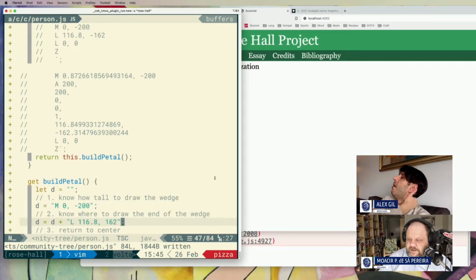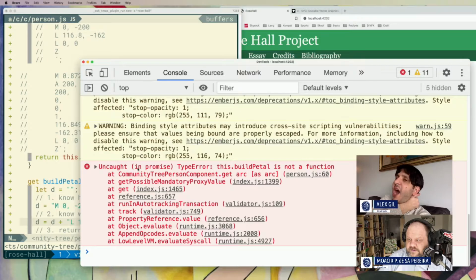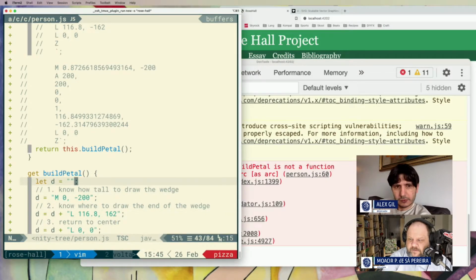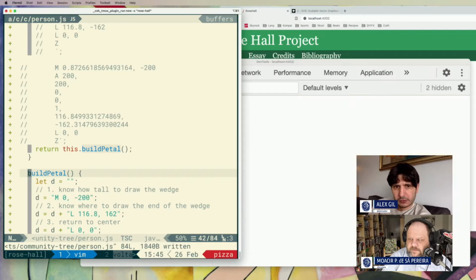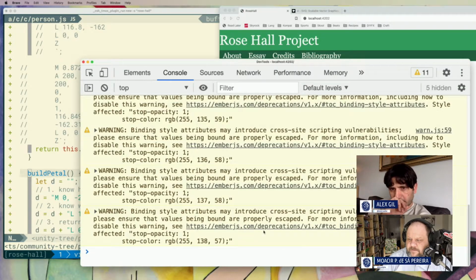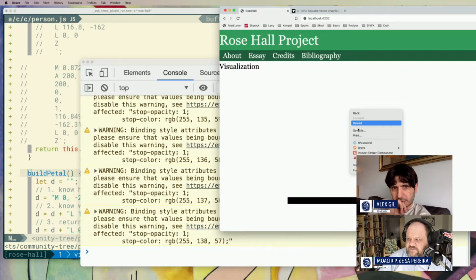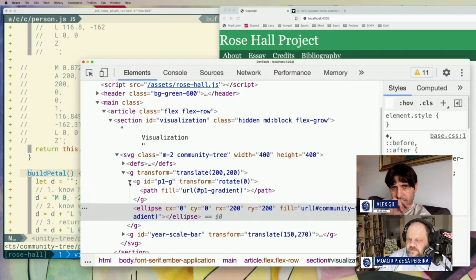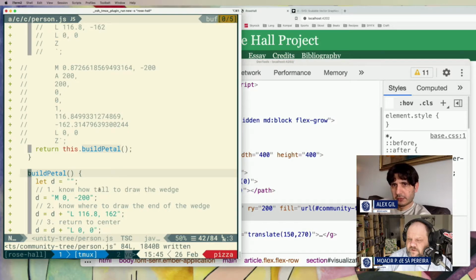Okay, so why did it error? This build pedal is not working because it's a getter. Okay, so what did we do? What did I do wrong? Oh, I probably never returned d.